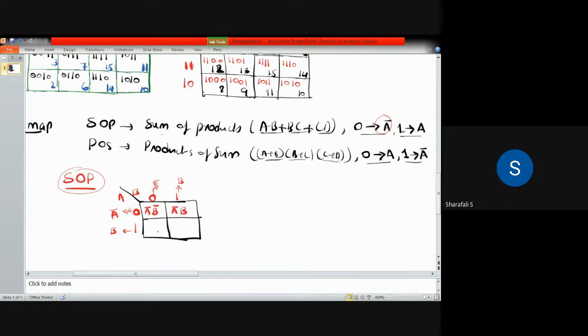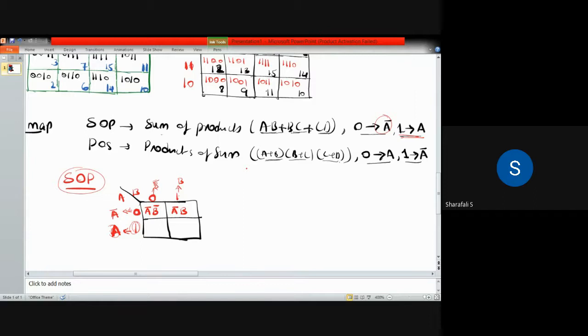And if you consider the third cell, then we can say B equal to 1, because here it is 1. So this is A. In SOP form, 1 means A, or whatever the variable is, as such.